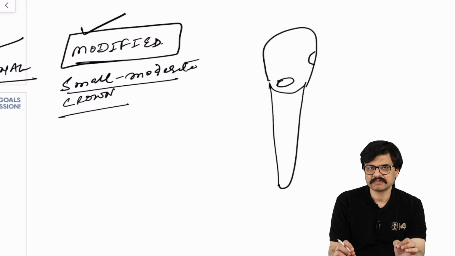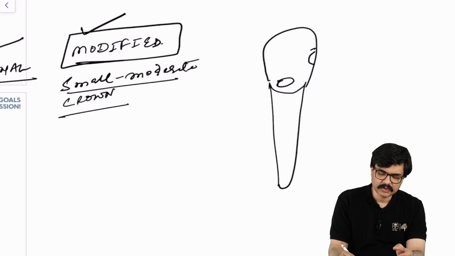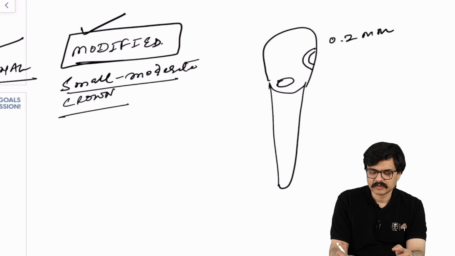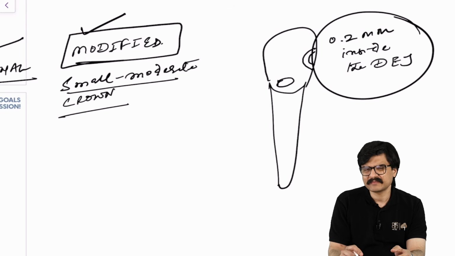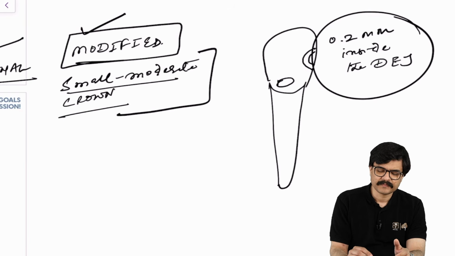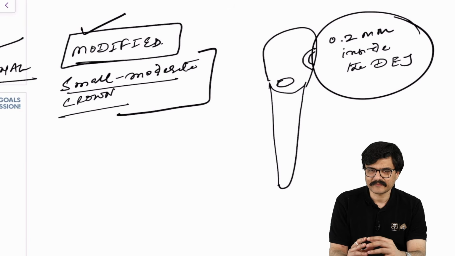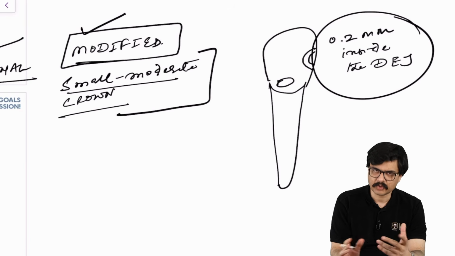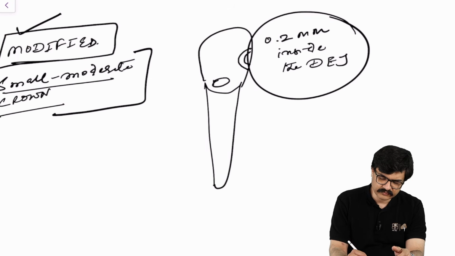Just take a simple round burr and scoop this lesion out and just keep your initial preparation depth 0.2 mm inside the DEJ. You don't need to extend it to 0.5 mm inside the DEJ because modified prep is for small and moderate sized lesions. So you have adequate retention by bonding, especially when you are on the crown surface. You can bevel all these enamel margins.